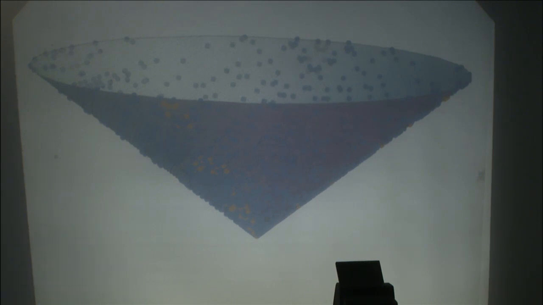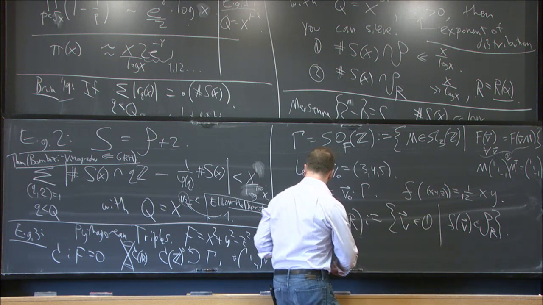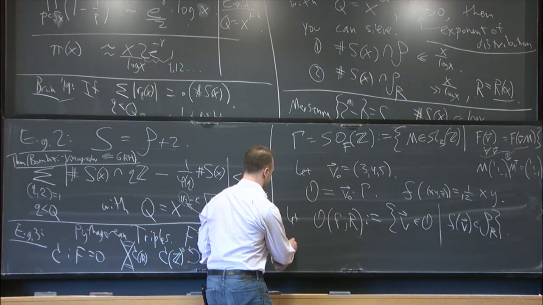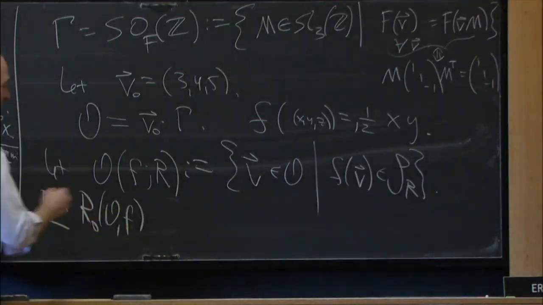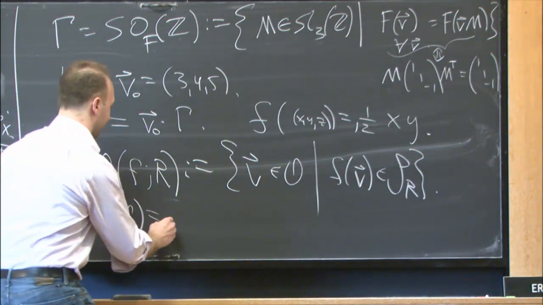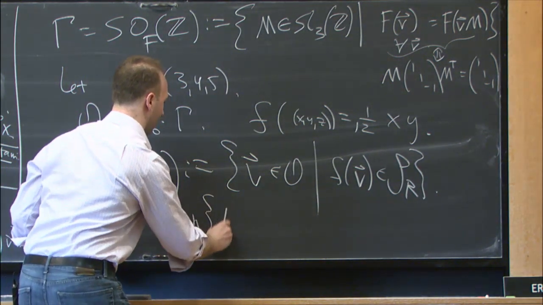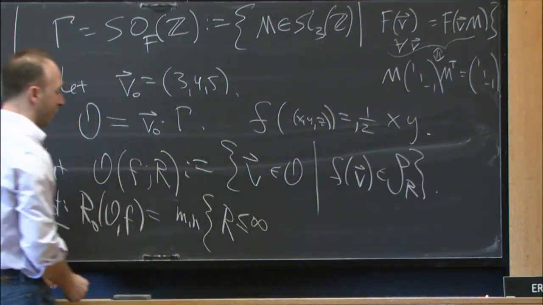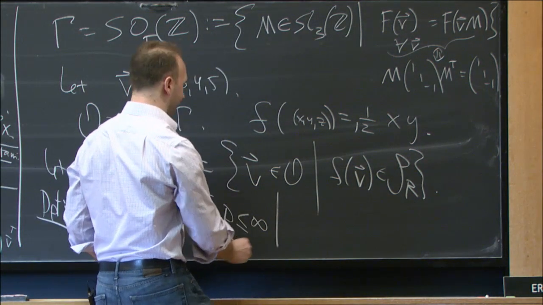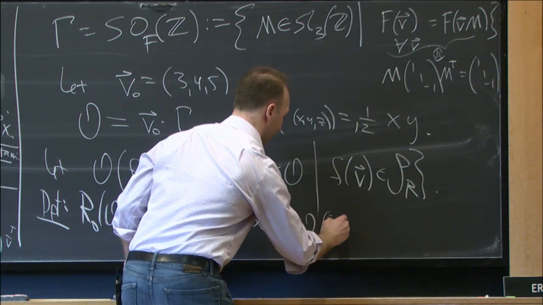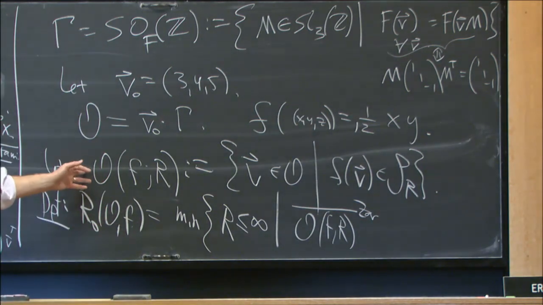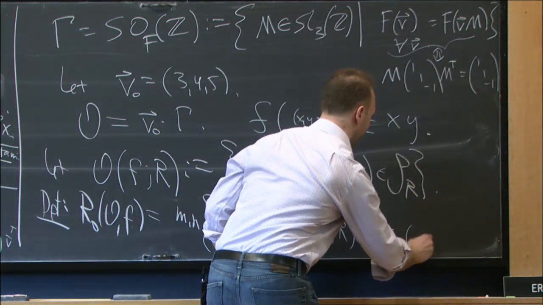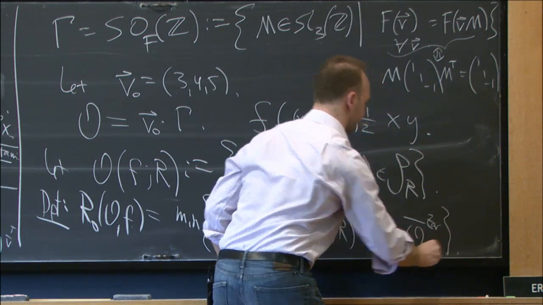OK? So for which r, so the affine sieve question is, so the saturation number, definition: r_0, given an orbit and a polynomial, is the smallest r, which could be infinite, so that the Zariski closure of this set O_f,r is the same as the Zariski closure of O itself.